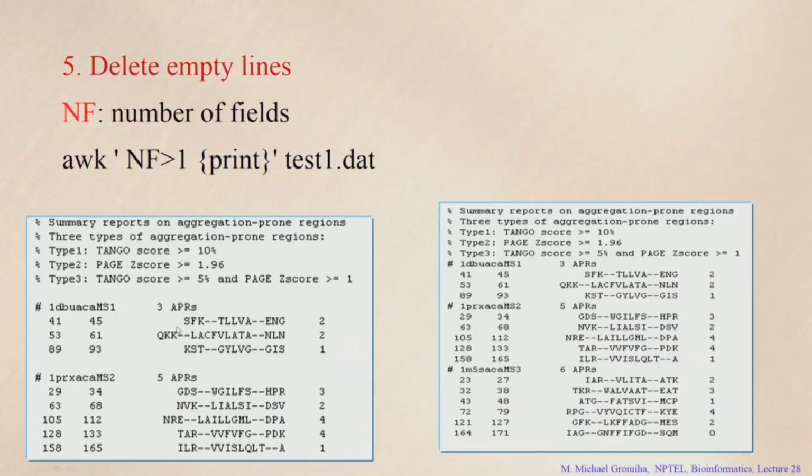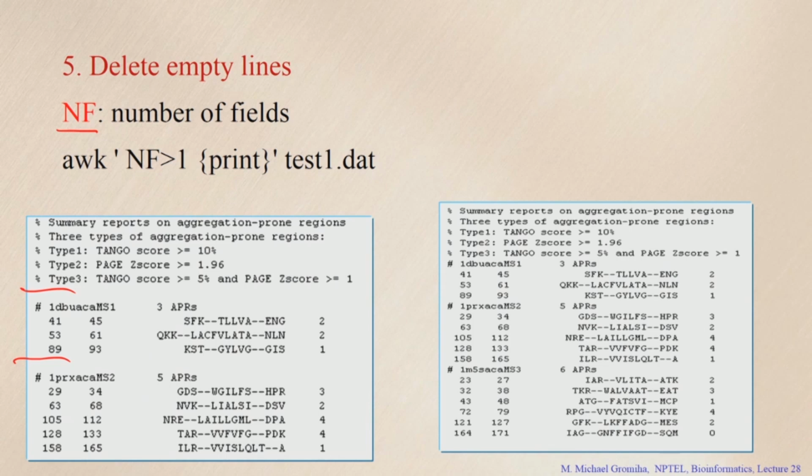Now, here is a question. If there are several empty lines, for example, if this is the data with several empty lines, how do we eliminate the empty lines? I need the file without empty lines. So, here we use NF, which is the number of fields. What is the meaning of number of fields?